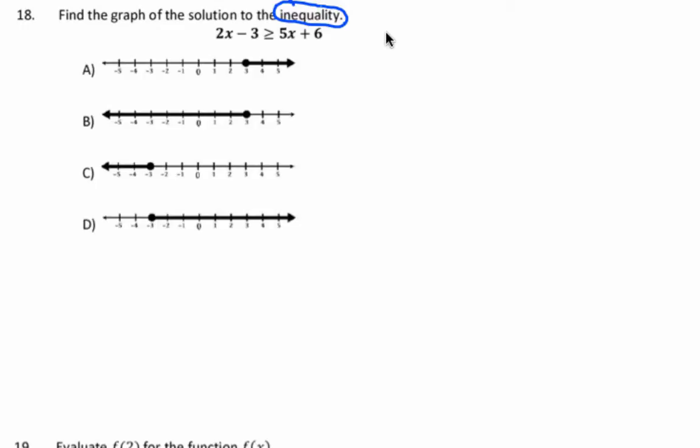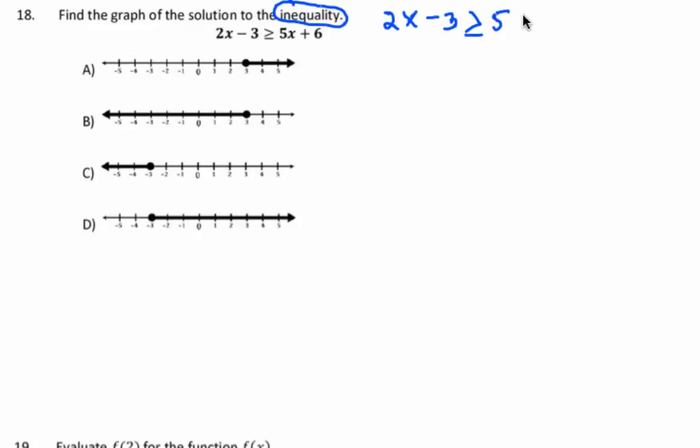So we'll begin by putting the x's on one side, just like we would in an equation kind of situation. So I could put the x's on the left side or the right side, but I'm going to put the x's on the right side because that way you'll have positive x's.